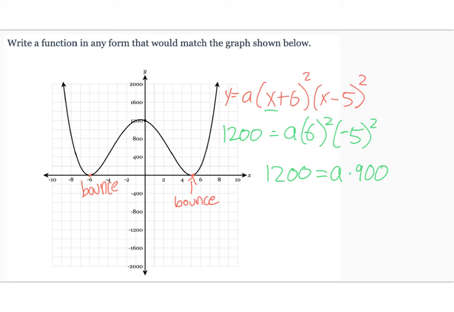Solving for a, we end up with 12 over 9 is equal to a, which is 4 over 3. That makes our final equation. Y is equal to 4/3 times x plus 6 squared times x minus 5 squared.